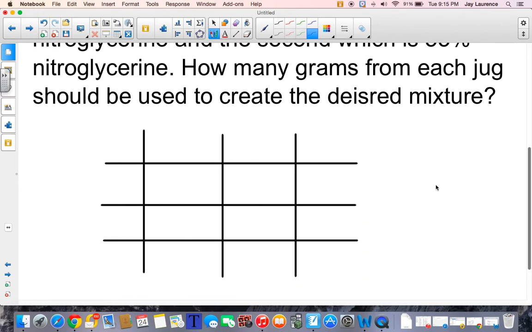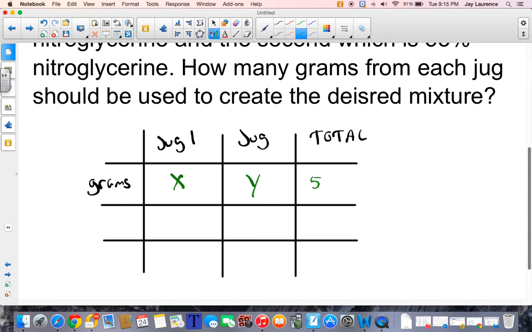All right, well, we've got two jugs, I think, in this case, right? And so there's jug 1, and then jug 2. This will be our total. And we need to take out some grams, right? How many grams from jug 1 do we need? Well, I don't know. How many grams from jug 2? Beats me. And the total number of grams we need is 500.